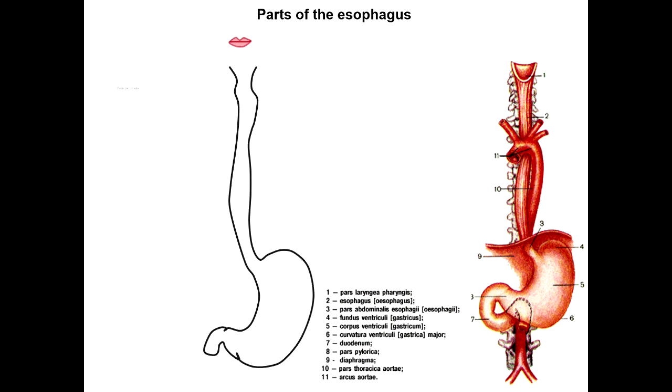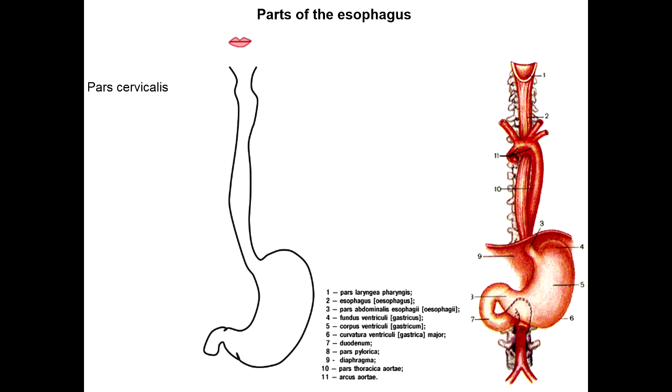So, in the left part of our screen, I begin to draw this picture from above. So, this is the designation of the lips, so we can compare the different parts of the esophagus in length.